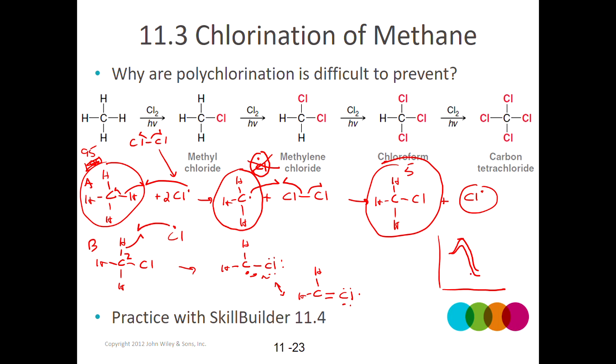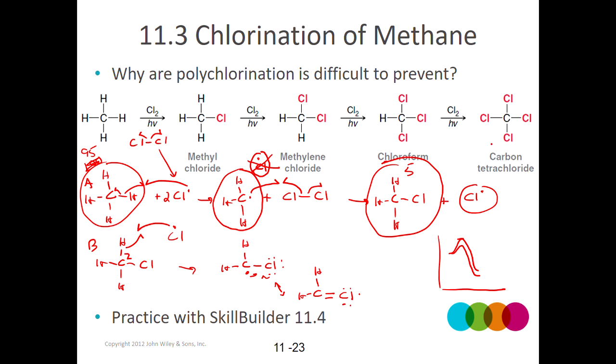So it's just going to happen more often. And so I can't control this process. Once another chlorine's attached, even more resonance will stabilize it. So attaching more and more chlorines is favored by the molecule, and you really can't stop it from occurring.